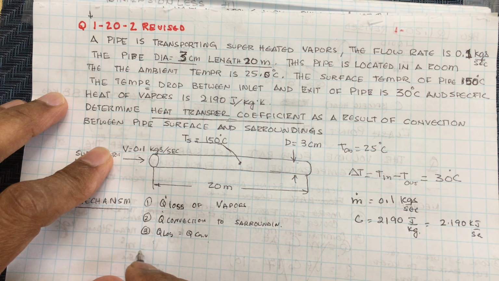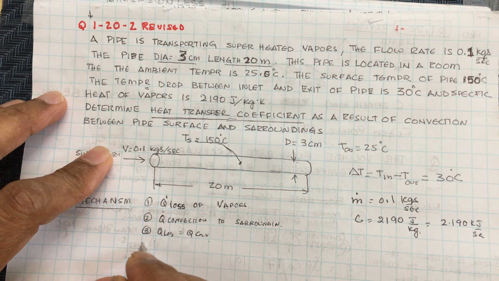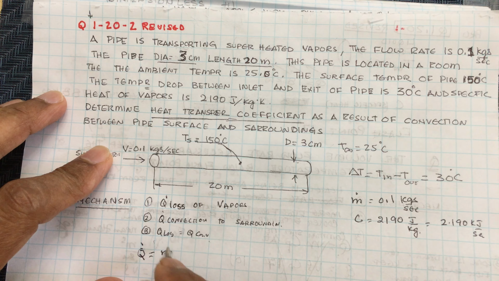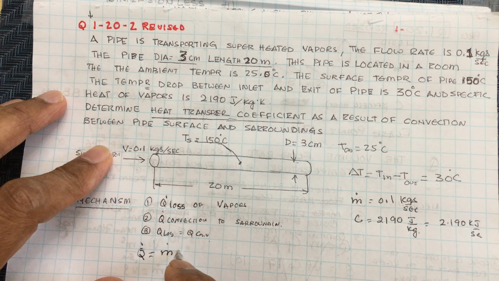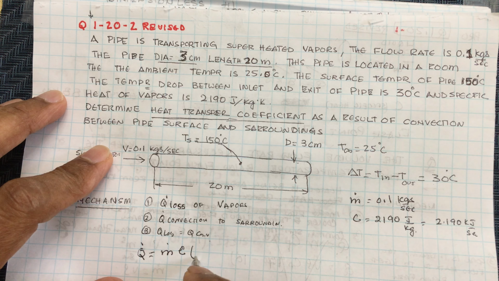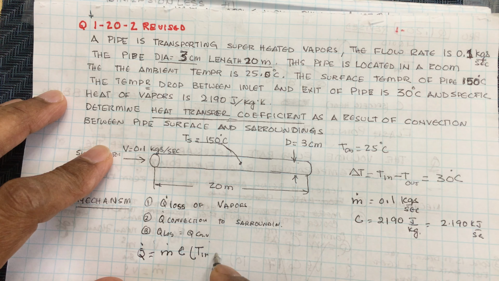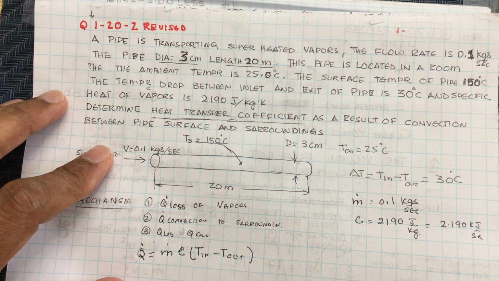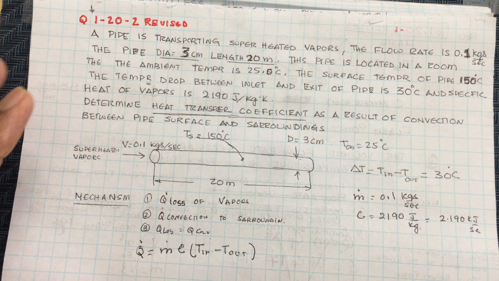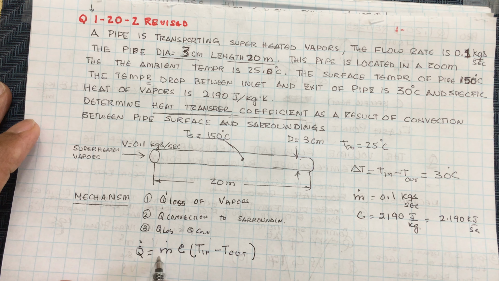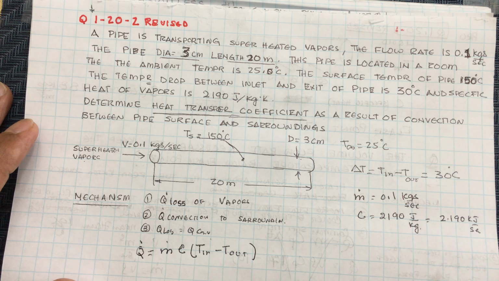Okay, the formula for the heat transfer is mass rate times specific heat times T in minus T out. And what are the values? Let's plug those values. Mass is given, we know 0.1 kg, and C is given, and delta T is given.